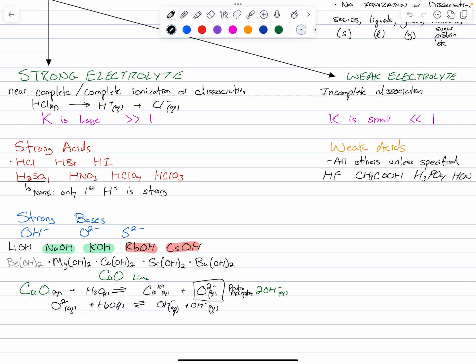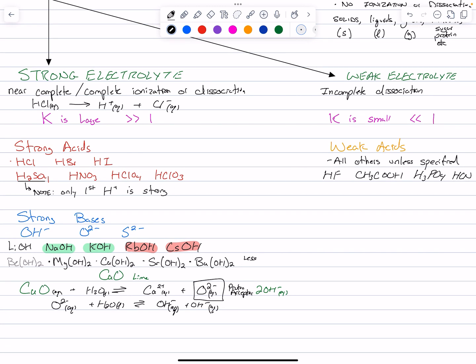They're typically less soluble. They don't dissolve well. So we like sodium and potassium. They dissolve well. They react 1-to-1 with hydroxide, so the mole ratio is nice. And so those are our strong bases. But the species that are important are hydroxide, oxide, and sulfide.